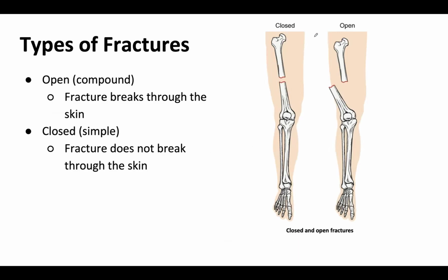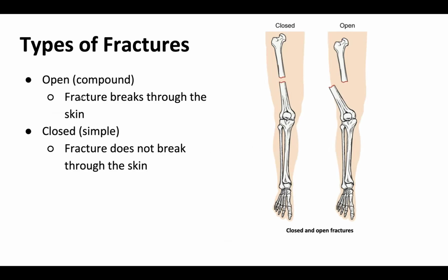Many clinicians begin a description of a fracture by either labeling it as open, sometimes you'll hear compound, or closed, aka simple. And they start with this description because it is visible. Either a fractured component has broken the skin or it hasn't.